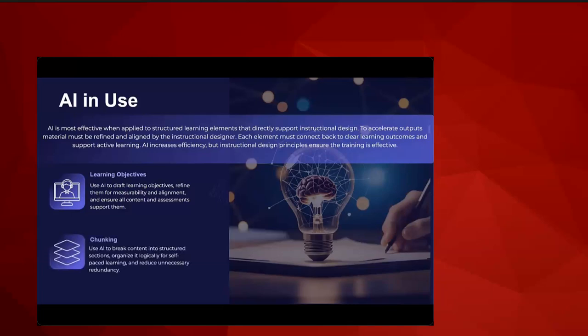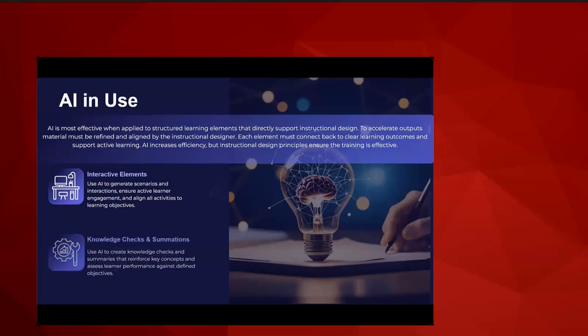For content organization or chunking, AI can break down dense material and suggest structure, allowing us to sequence content for self-paced learning and remove unnecessary redundancy. For interactive elements, AI can generate scenarios and decision points, but the instructional designer ensures those activities require action and are directly tied to the objectives.